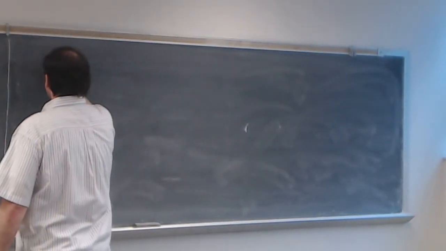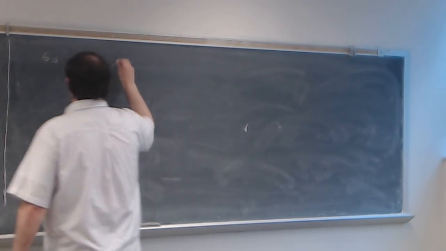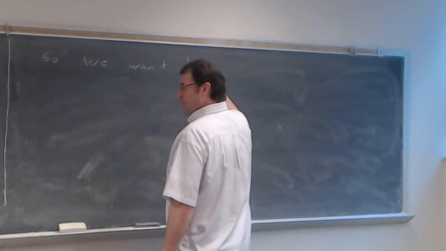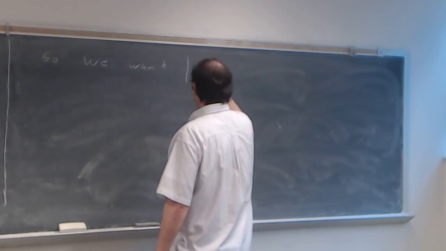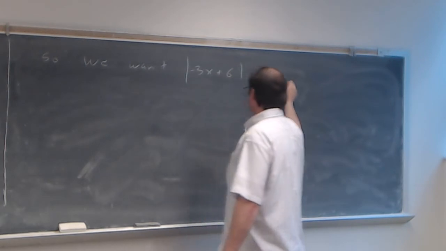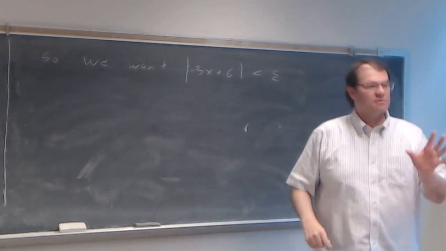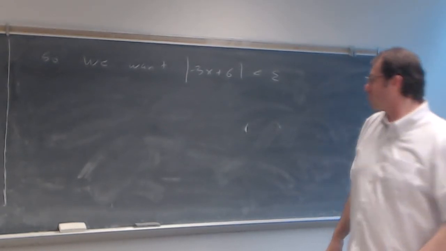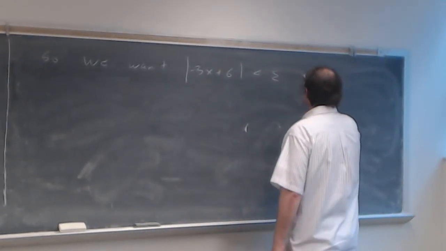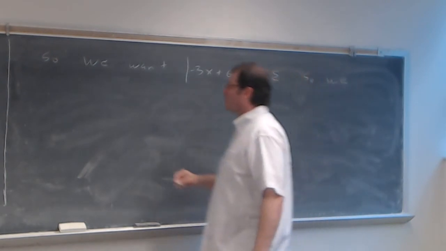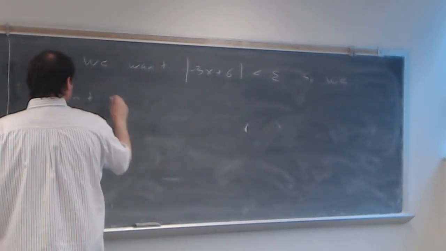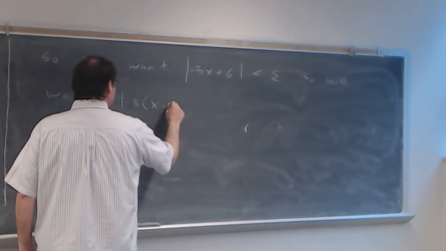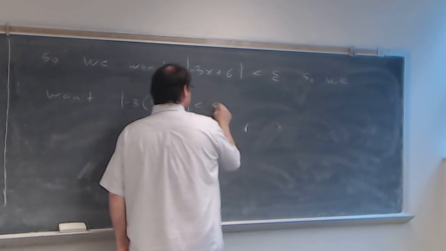So let's concentrate on what we want, and maybe we can get it through what we can control. So we want the absolute value of, it looks like it would be, minus 3x plus 6. We want that to be less than epsilon. Now what I get to control is the absolute value of x minus c. So maybe I can write down what I want in terms of what I can control. Well, I can factor out a minus 3, and then I have x minus 2 to be less than epsilon.